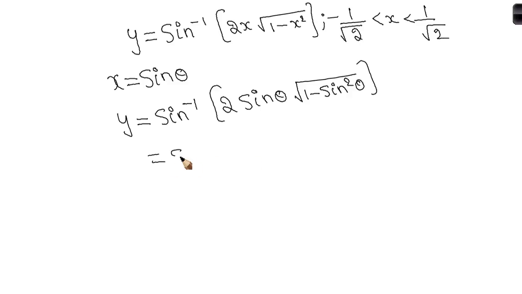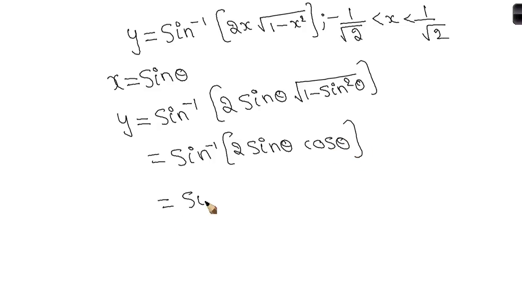That is 2 sin theta, and root of 1 minus sin square theta is cos theta. 2 sin theta cos theta is sin 2 theta, therefore sine inverse of sin 2 theta gives me 2 theta.